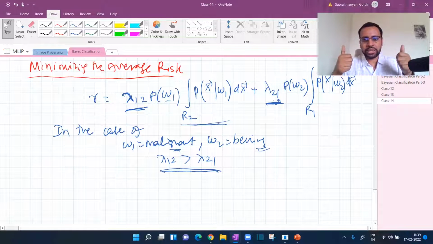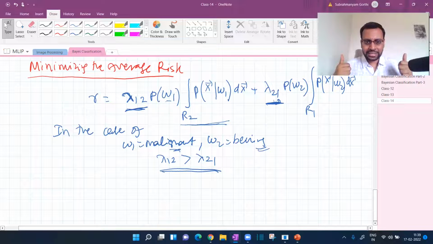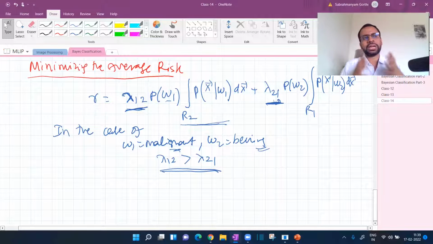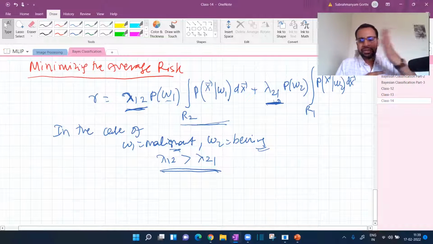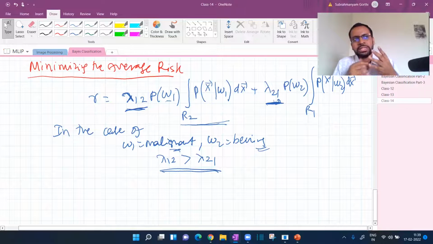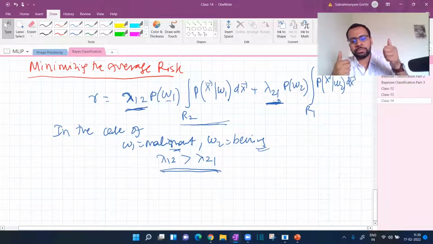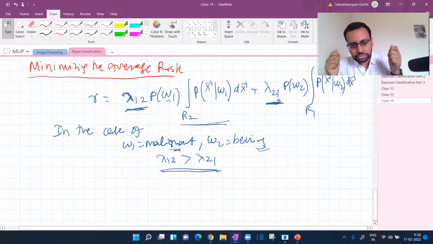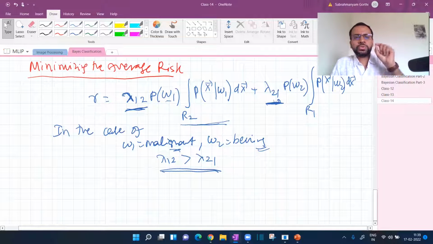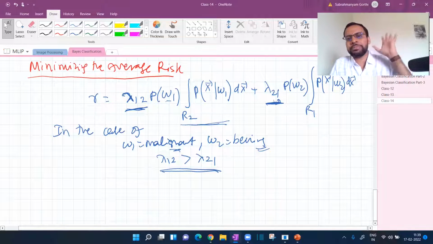But in practice, you could have more classes, so we have to consider more classes. And at the end of the day, when you have more classes, you should have different penalties for transgressing from one class to the other. Still, you should be able to come up with an expression that tells you to which class a given feature vector belongs.